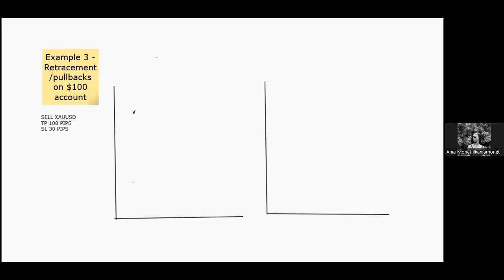This would be an example for your retracements, an example for your pullbacks. Now I'm pretty sure I can do this in different colors. No, I can. We can get fancy for just this example right here.